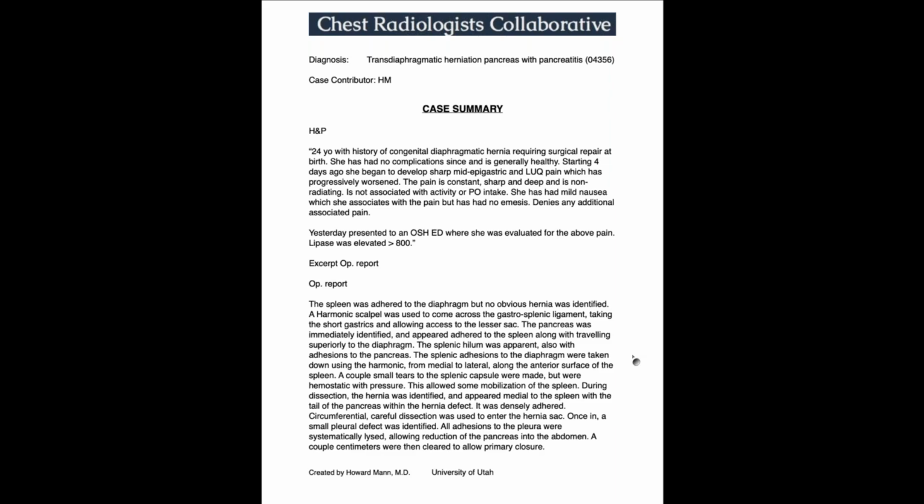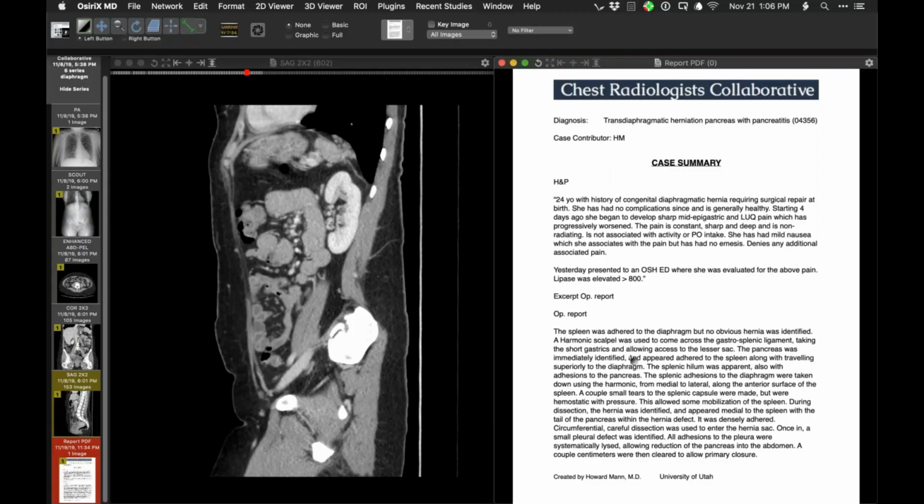So it almost seems too good to be true, but whether the pancreas was a little bit squeezed, mechanically squeezed, actually causing a little pancreatitis, kind of fits given her presentation, presumably. That's really interesting.